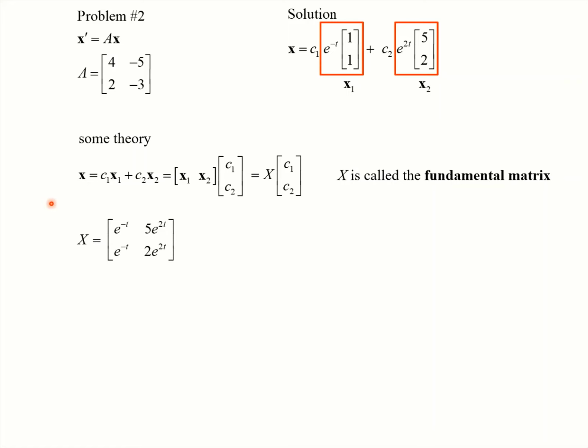Now, it just so happens that you can take the determinant of that 2 by 2 matrix, and that determinant, you go AD minus BC, what you end up getting is negative 3e to the t. But that's going to be important later on. You won't be doing this in the homework from 9.4, where you're going to be writing the fundamental matrix and taking the determinant.